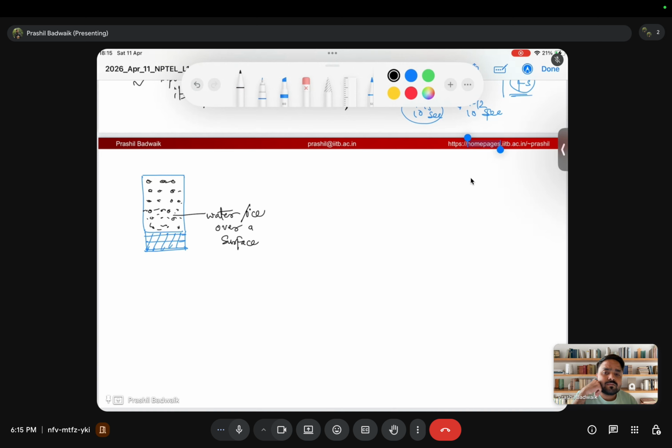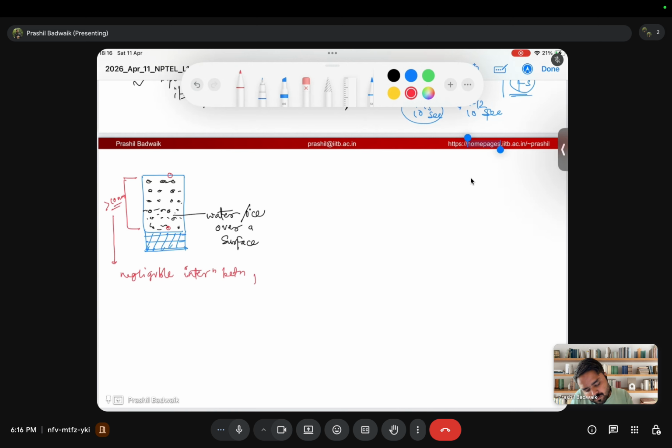Over a surface there is water or ice which is present over the surface. And for example, if this molecule is present here, and there is another molecule present over here, and the distance between these two is more than, for example, 10 nanometer, the interaction between those two molecules will be negligible.